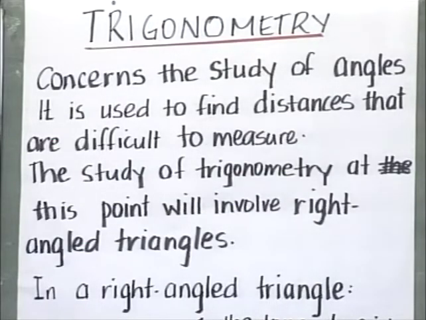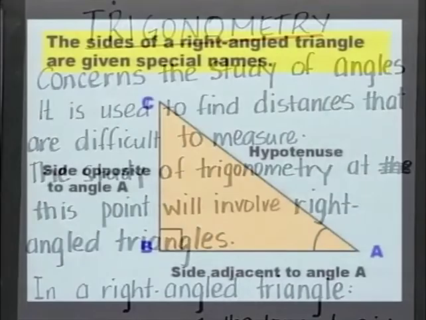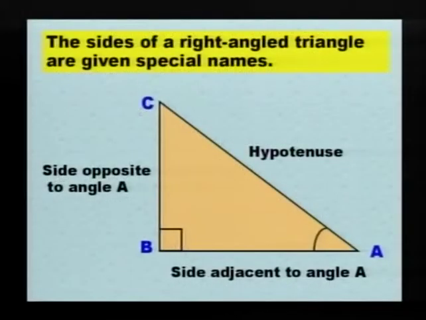Okay, the study of trig that we are going to look at this point will only involve the right angle triangle. When you do grade 12, and I don't know if we'll start it this year, you will actually solve triangles which are not right angle triangles. You will use other rules in trigonometry.